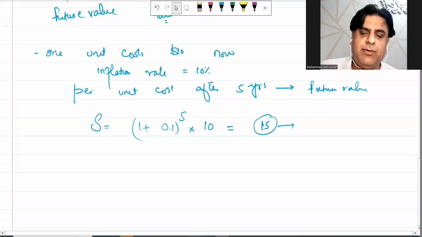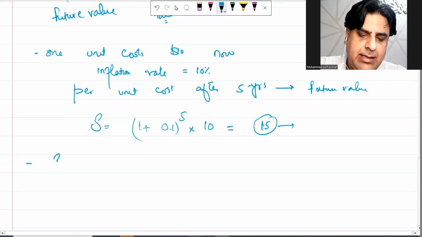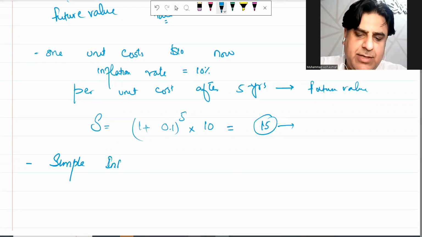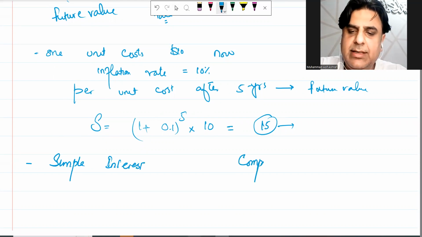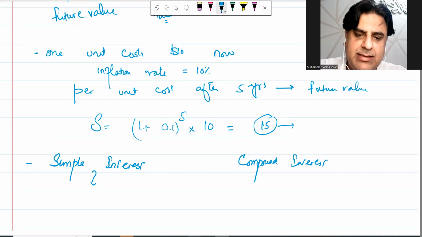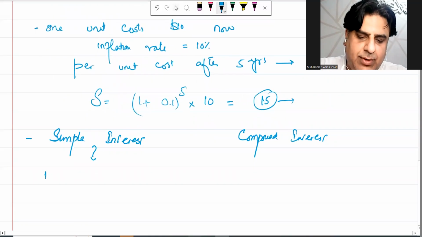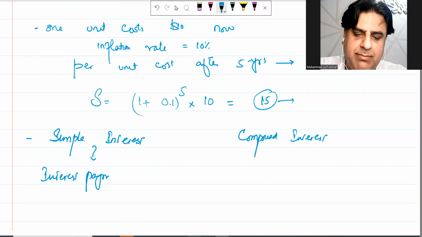And one thing more that I think you have heard about, the difference between simple interest and compound interest. Simple interest is the method in which interest payments are basically made on the principal amount.